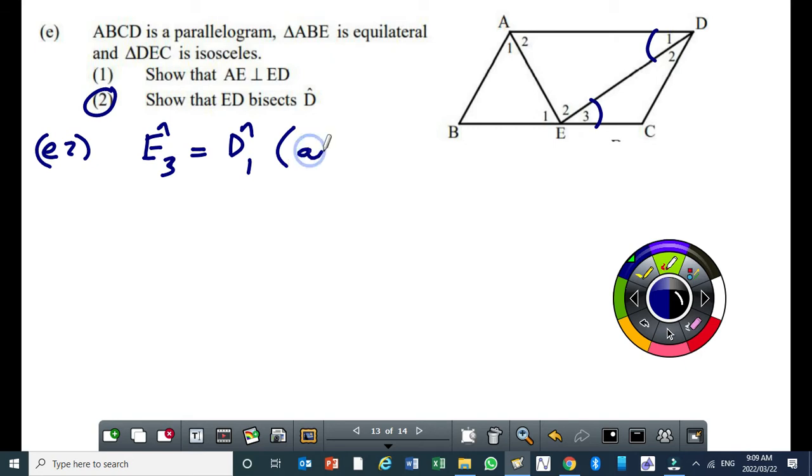We are told that ABCD is a parallelogram. If ABCD is a parallelogram, it means AD is parallel to BC. Okay? We are given a quadrilateral. You'll be expected to know the properties of what? The parallelogram.